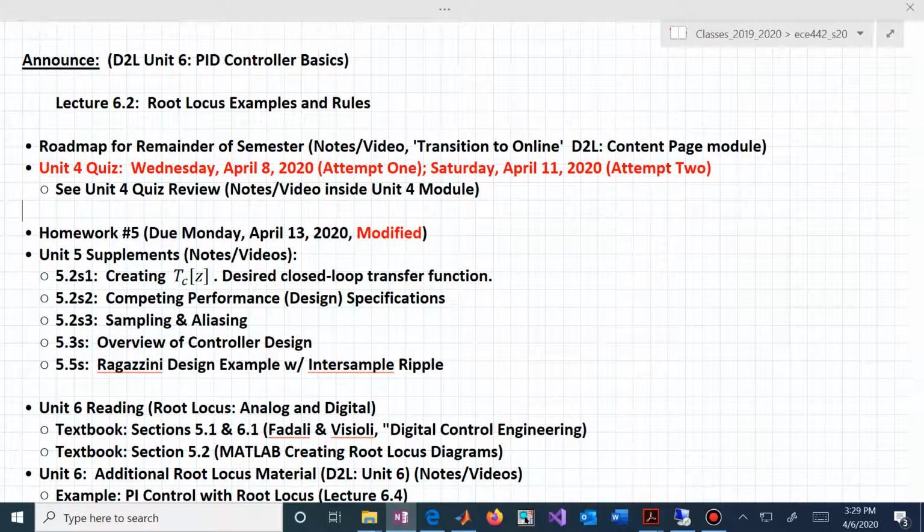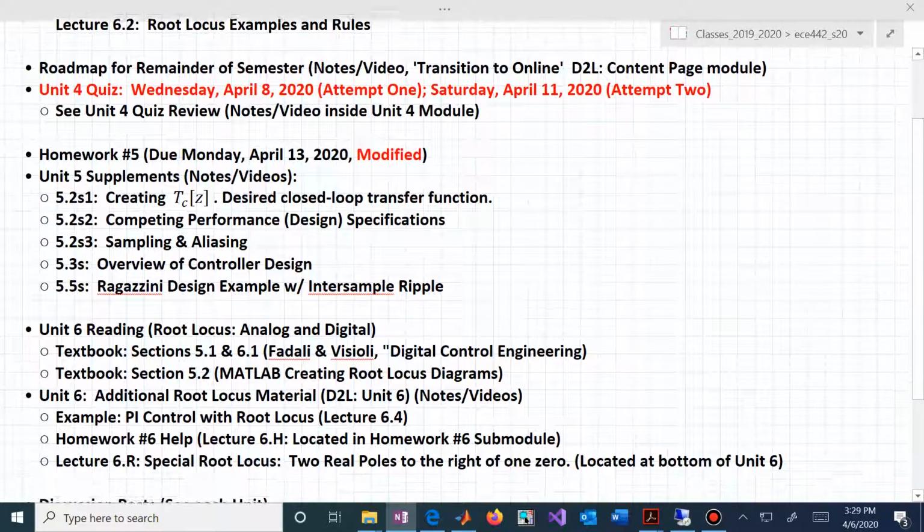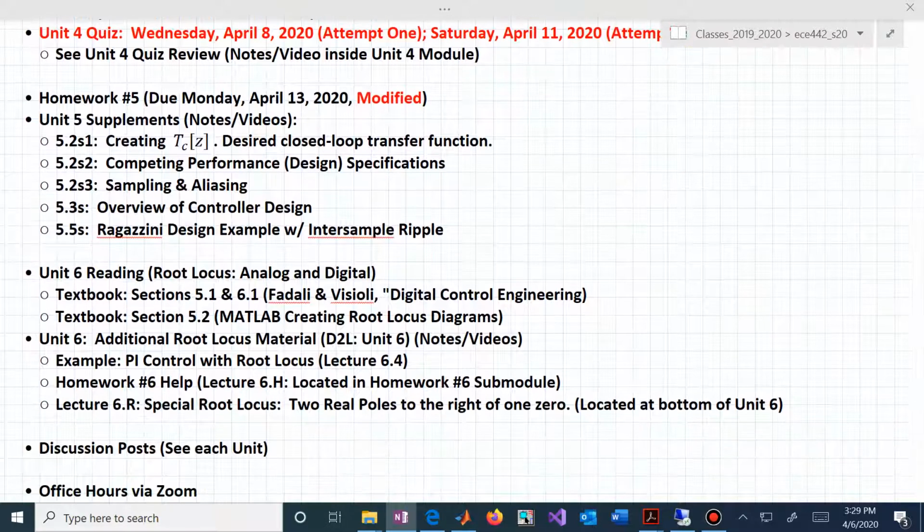That's attempt 1. If you want to try it a second time, that will be on Saturday, the 11th. And I hope to have the video uploaded shortly for the Unit 4 quiz, and there's notes to accompany that video. Unit 5, we have modified the due date for homework number 5. That's due on Monday, April 13th.